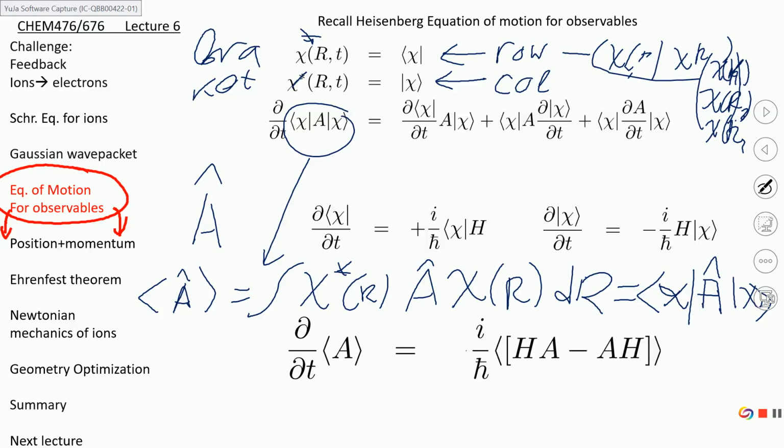That we all know from childhood, so to say. But if we use this transposing of the wave function from column to row, and we also have this asterisk, which means complex conjugate, the imaginary unit accumulates a minus sign.